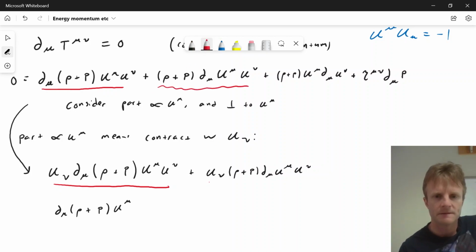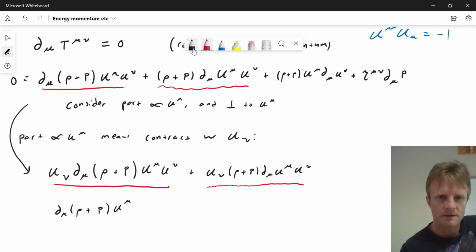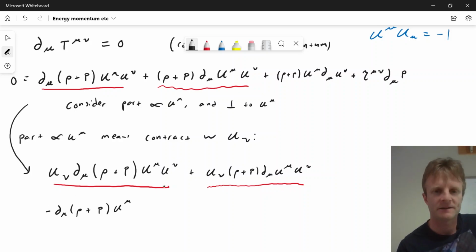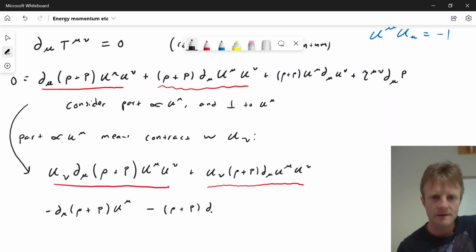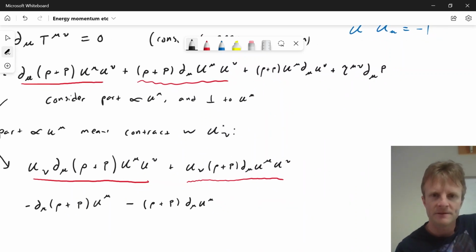Why is there not a negative sign? Because I'm just falling apart. There should absolutely be a negative sign. So we have u nu, which is minus 1, pulling down a minus sign. The same thing happens here, minus rho plus p del mu u mu. And we had these other terms. So this one is going to be a little more interesting here.